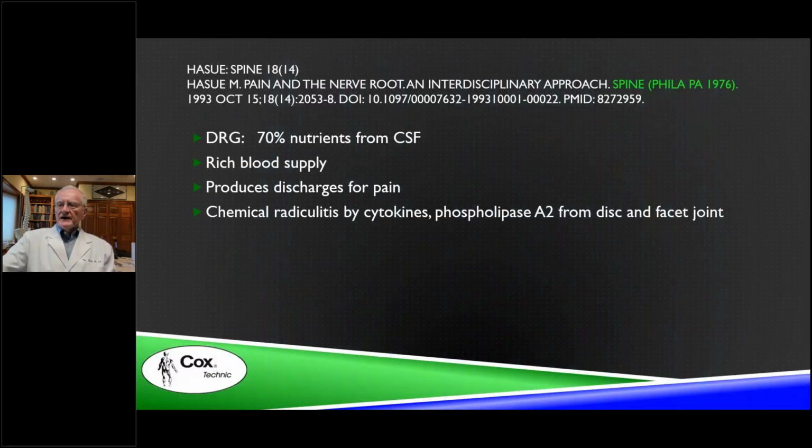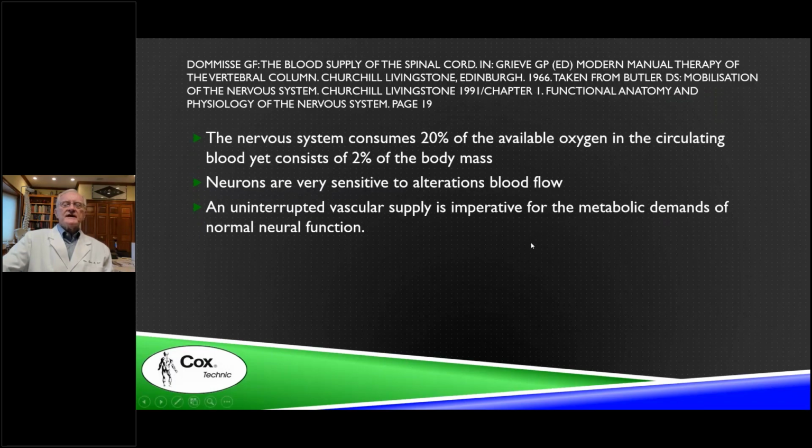Remember that the blood supply of a nerve is 70% from cerebrospinal fluid, 30% by blood supply. We just covered the compressive forces, by the work of Takahashi, that cause ischemic hypoxia. Chemical radiculitis, which is what that question was about, is caused by cytokines and phospholipase A2 from the disc and the facet joint.